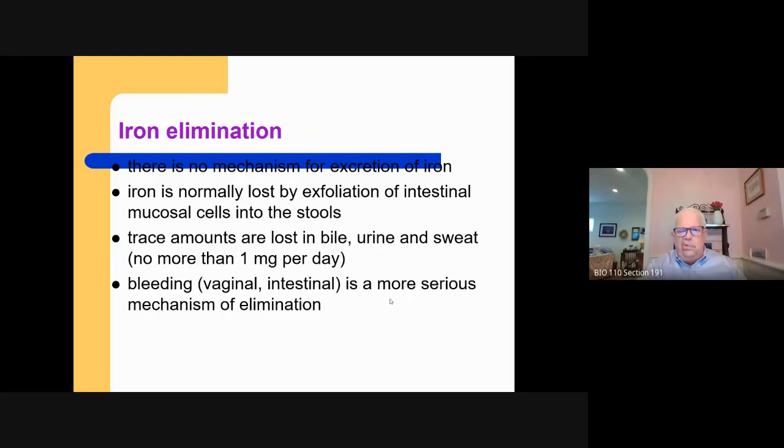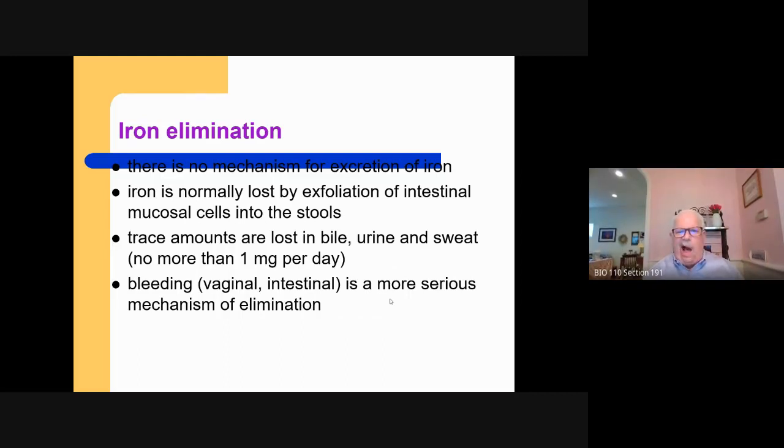Iron is usually lost in your stool. It's not lost in your urine, and it's not lost in your sweat. You can also lose it when you bleed, either vaginally or in your gut. And when you are losing iron in your GI system, your stool or feces will turn black.